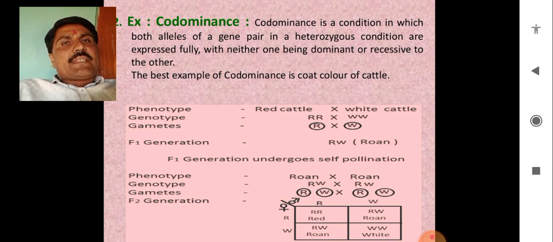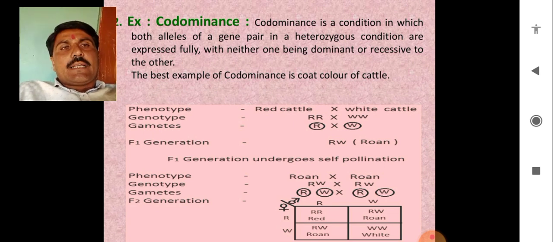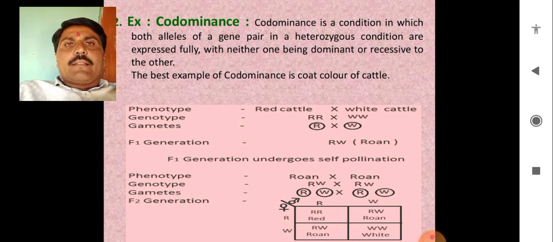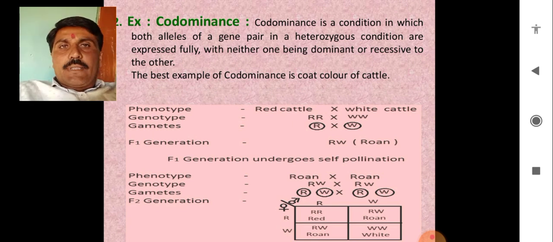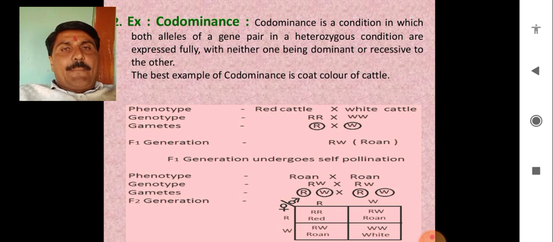Well, when we select a phenotype, the coat color of a cattle, that is the red cattle and the white cattle, and when we look at the genes of this red cattle, the pair of alleles responsible for this color are capital R, whereas in a white cattle, though it is a recessive one, it is capital W, nor do we see a smaller letter here.